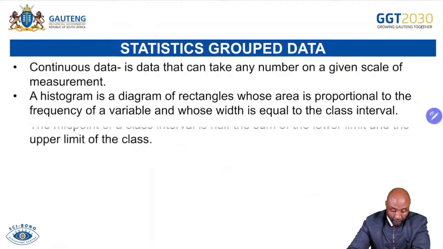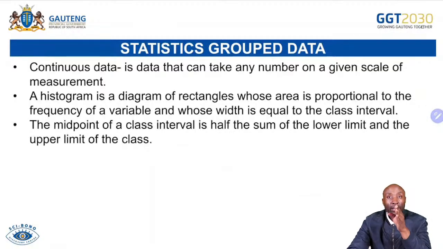Now, in a histogram there are no gaps in our bars, but in a bar graph there are gaps in between the data items that we are analyzing. So for our continuous data, to come up with a histogram, the bars have to be in contact.